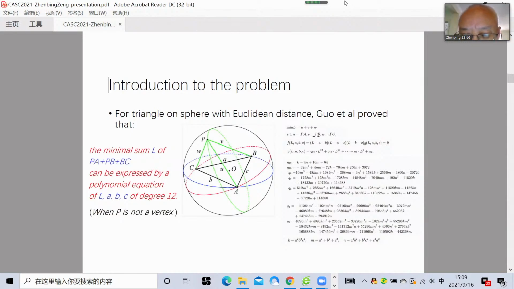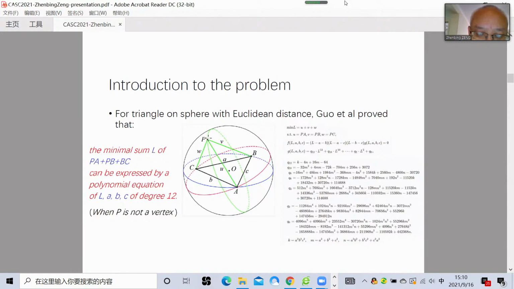Then this problem can be transformed to one nonlinear programming problem, and the minimum of L, the sum of the distances, was connected with A, B, and C by one algebraic equation of degree 12 in this form, which is very complicated.